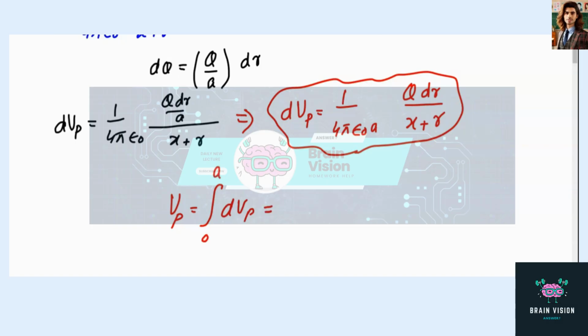This gives us integration from 0 to a 1 upon 4 pi epsilon naught a q dr divided by x plus r.